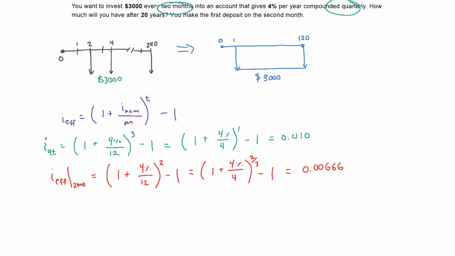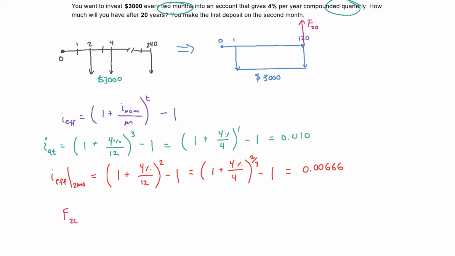Okay, now that we have that, this problem is pretty straightforward. All you have to do is plug this effective interest rate of about 0.6% into our equation. We want to find this future value at the end of year 20. We'll call it F20, even though it should be F120 because it's on a 2-month basis, but it's fine.